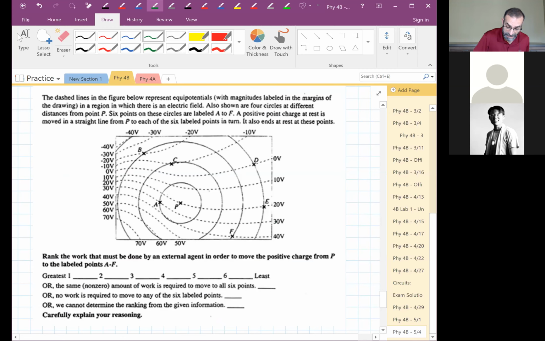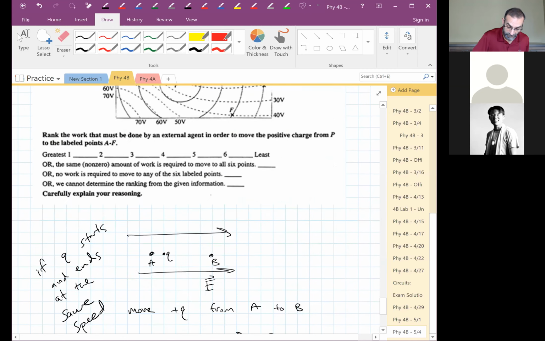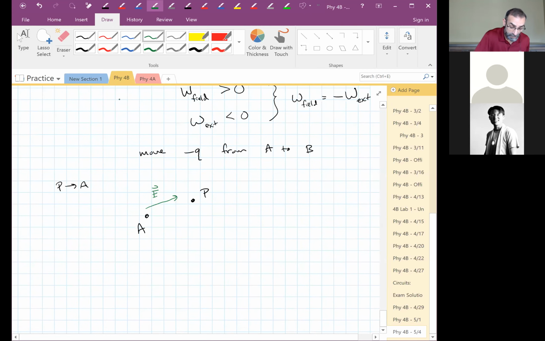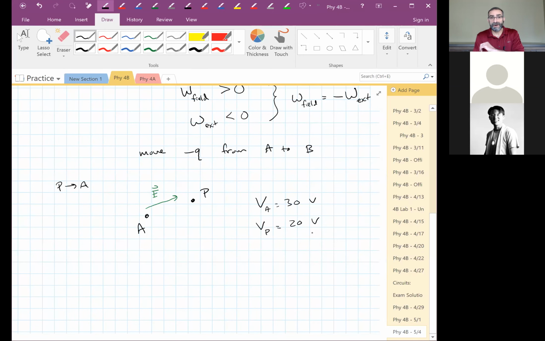A is at 30 volts, and the potential at P is 20 volts. The electric field always points toward lower electric potential. So at least some component of our electric field has to be pointing from A to P. It may not be exactly like this, but at least some component of the electric field has to point from A to P.